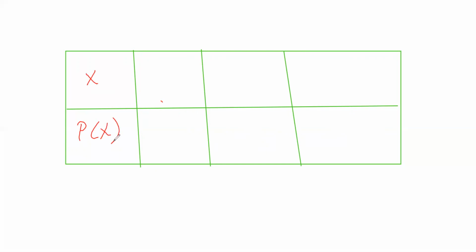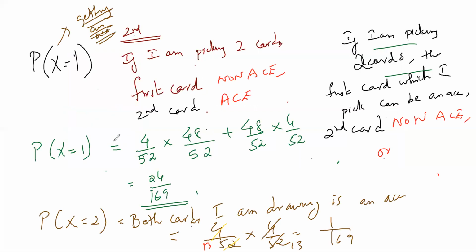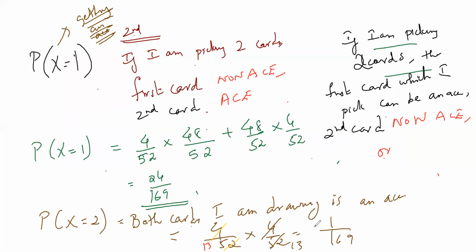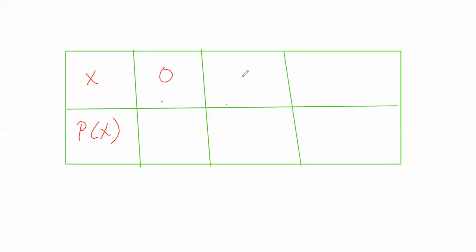Okay. So x is nothing but what here? First it is x is equal to 0. For 0, what is the answer? 144 by 169. So x is 0, 1, 2. So what is 0? What is the value? 144 by 169. And this is 24 by 169. And the last one is what? 1 by 169.